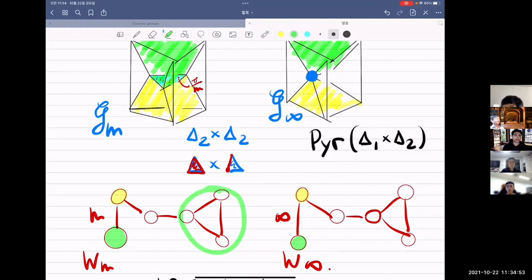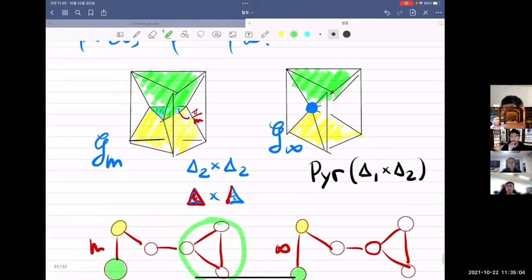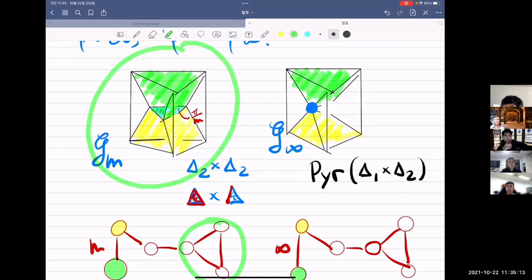So W_M contains a free abelian group of rank 2. But still, as I said, M is bigger than 6, and there exists some projective Coxeter polytope realizing this G_M. As M goes to infinity, the left-side picture converges to the right-hand side.